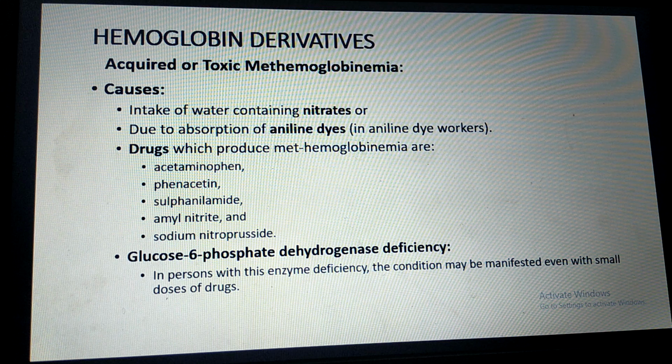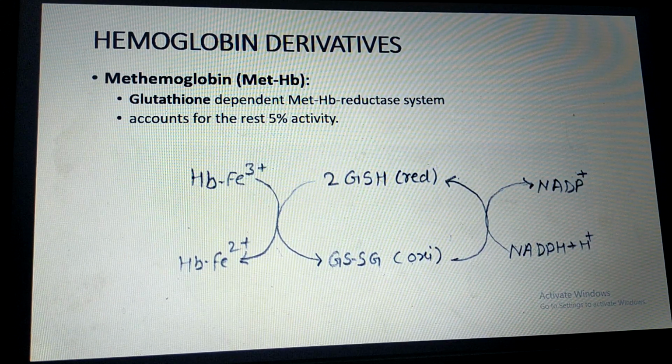The next cause is glucose 6-phosphate dehydrogenase deficiency. Now this enzyme is required for synthesis of NADPH. And what is the role of NADPH here? This NADPH is required for conversion of oxidized glutathione to reduced glutathione.